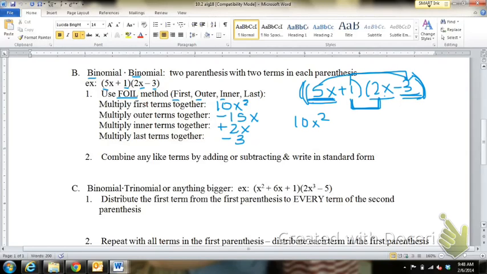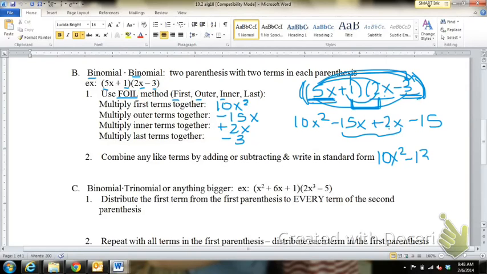Then I did the outer, that gave me -15x, inner, and last. Now you combine like terms. The middle ones are going to be the ones that are usually going to match. So 10x squared doesn't have any partners, so I just bring them along. -15 plus 2 is -13x, and then -15.